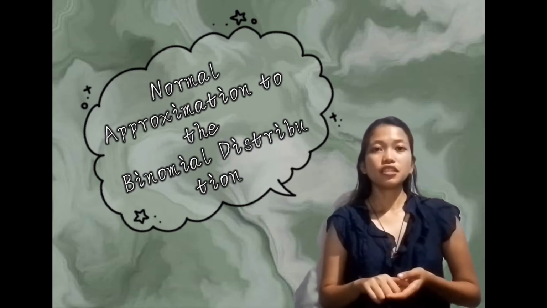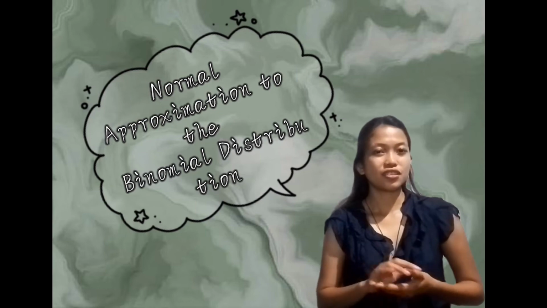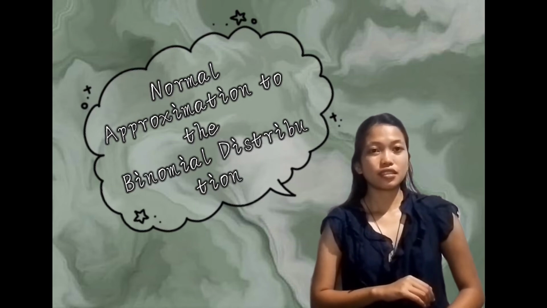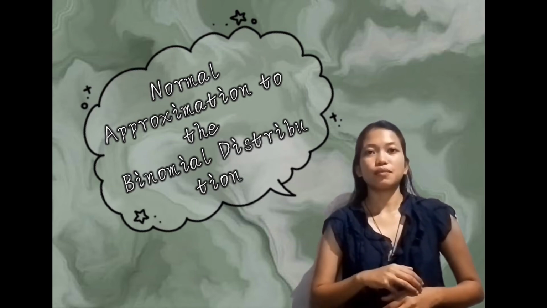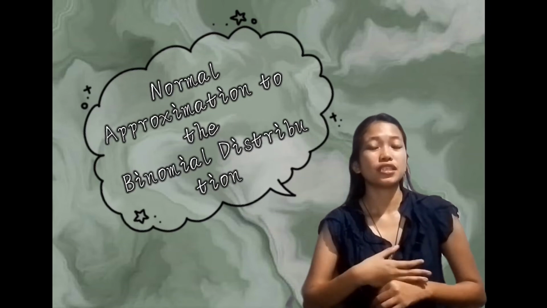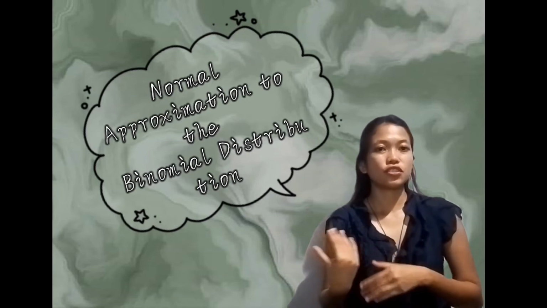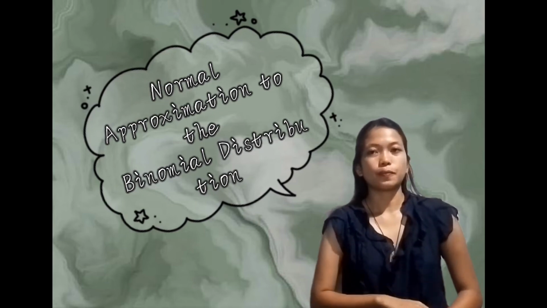Recall that a binomial distribution has the following characteristics. So this will just be a brief discussion about the properties or the characteristics, since it was discussed in the previous topic about the discrete distribution.